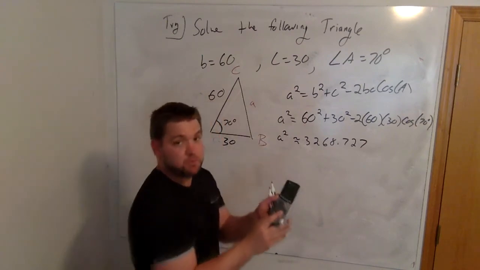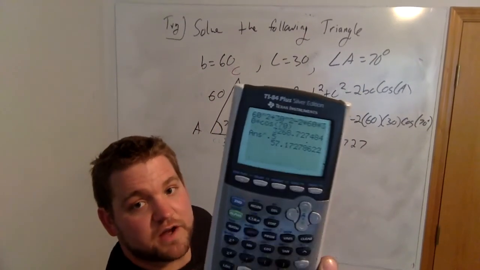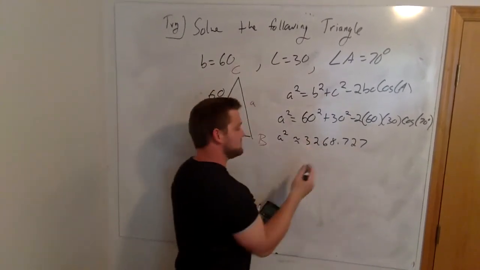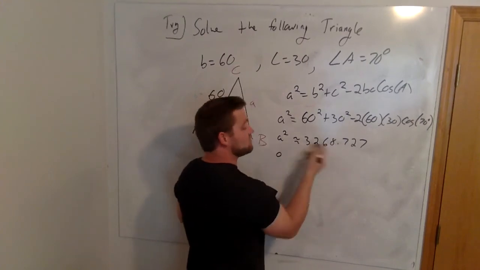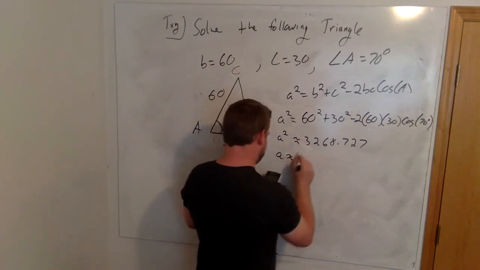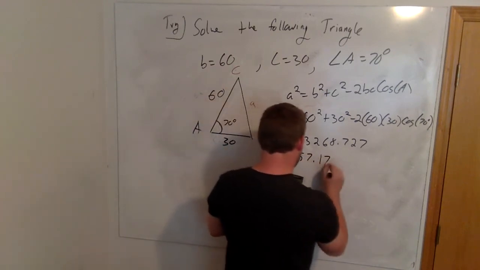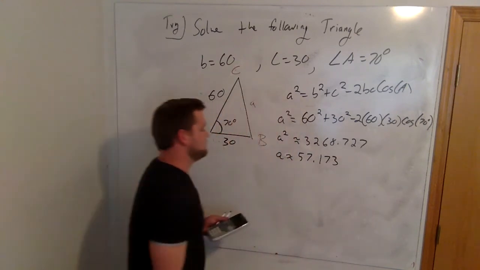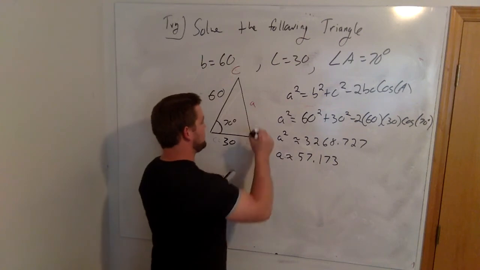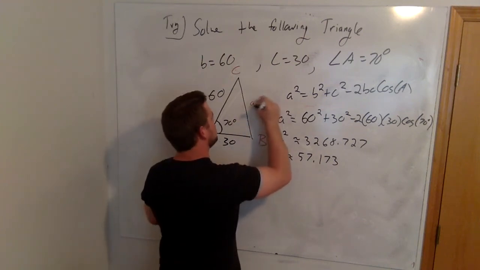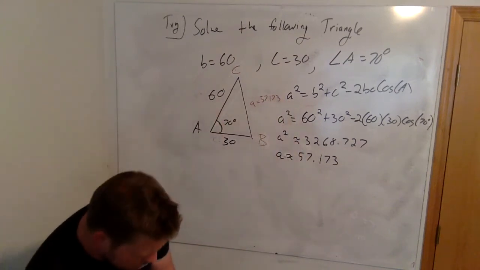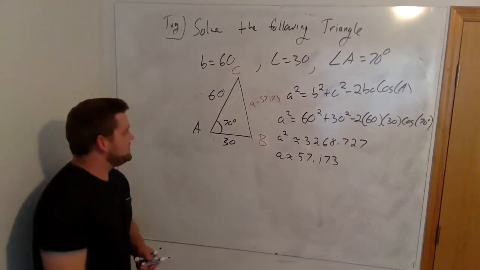My calculator has more decimal places if you want to see what I plugged in. Then I'm going to raise this result to the 0.5 power, so that's me taking the square root of both sides. So a will be approximately equal to 57.173 if we're rounding to 3 decimal places. Cool, so we have that a is 57.173.